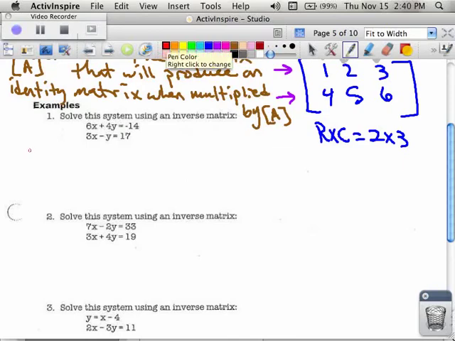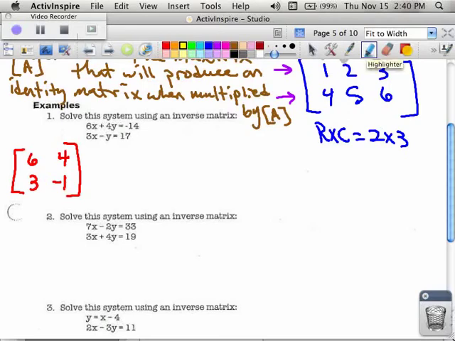The way that I would write problem number 1 in matrices is like this. I have the first matrix being 6, 4, 3, and -1. Notice that these numbers come from the coefficients of all the different variables. You see the 6 matching up with the 6, the 4 with the 4, the 3 with the 3, and we don't see the -1, but the -1 is where that negative sign is. Then next to it is a matrix that contains the 2 variables x and y.